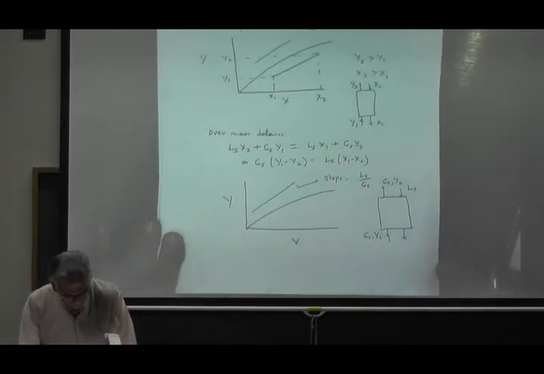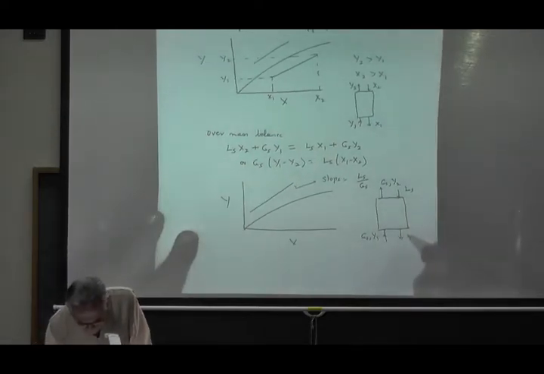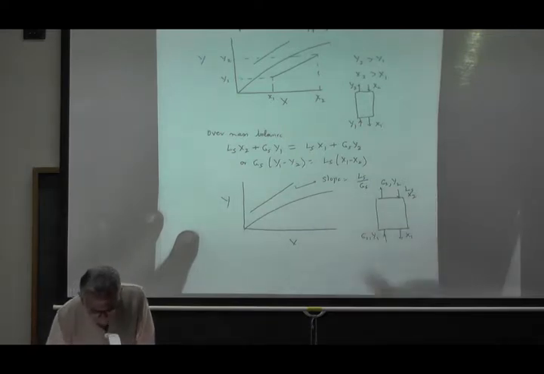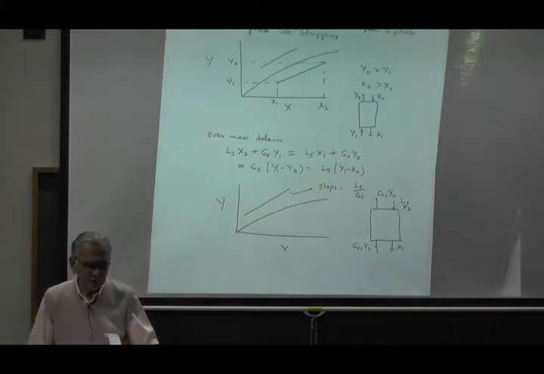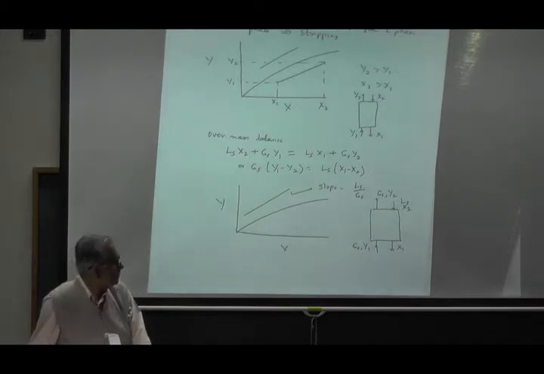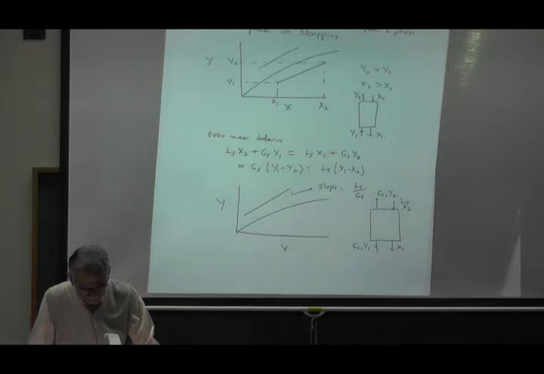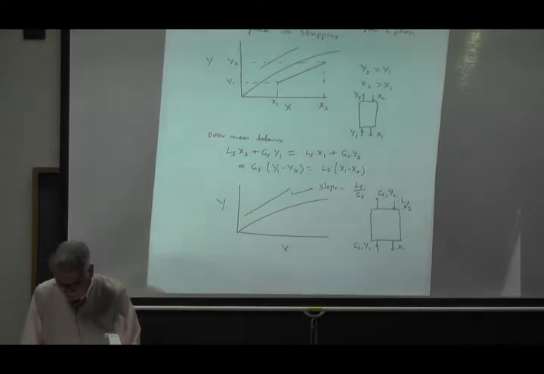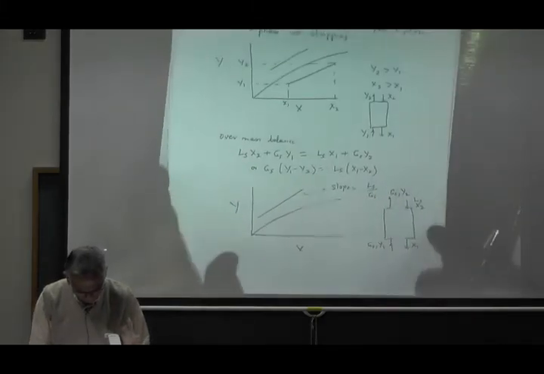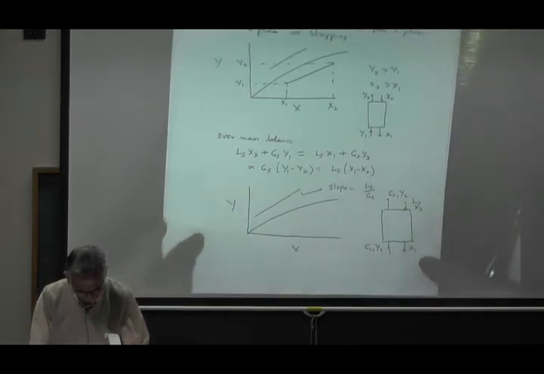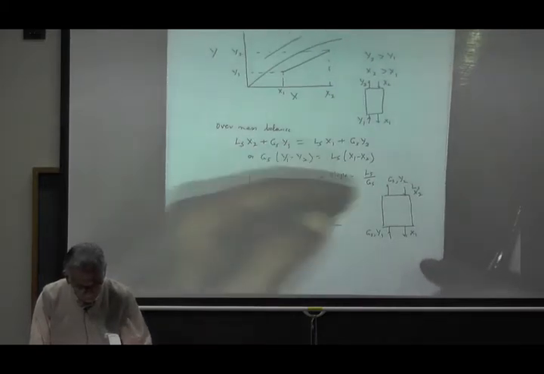So this is x1, this is x2. Now supposing you change the flow rate of solvent, what will happen to the slope?